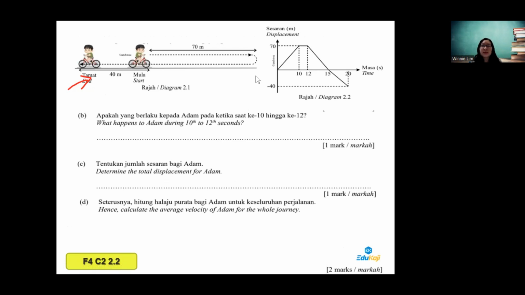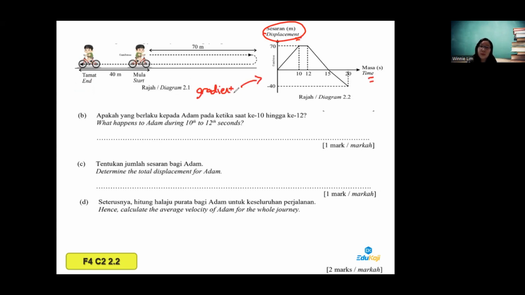Next, what will happen to Atom between the 10th and the 12th second? Again, we explore the graph first. Every time you do any question related to a graph, first look at what the y-axis is. In this case it is displacement. Then next, if you can, relate it with the gradient.